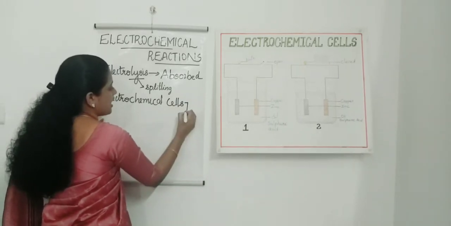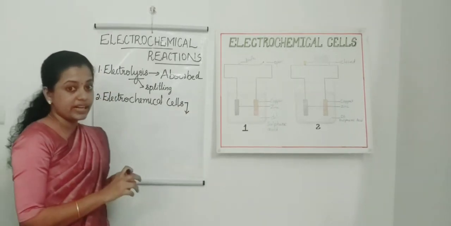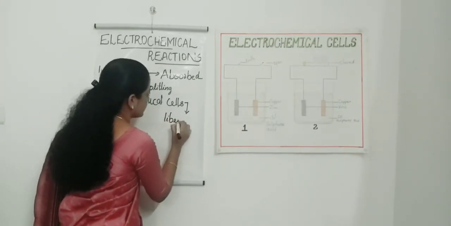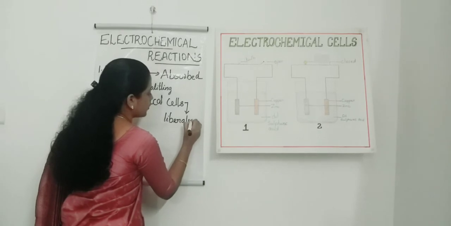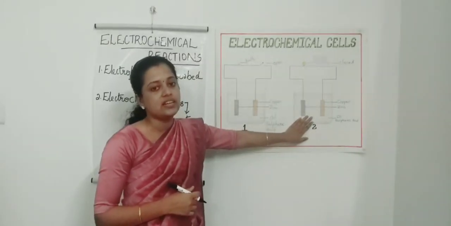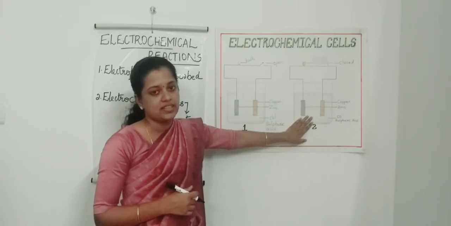Electrochemical cells are those which liberate or produce electricity in a chemical reaction.